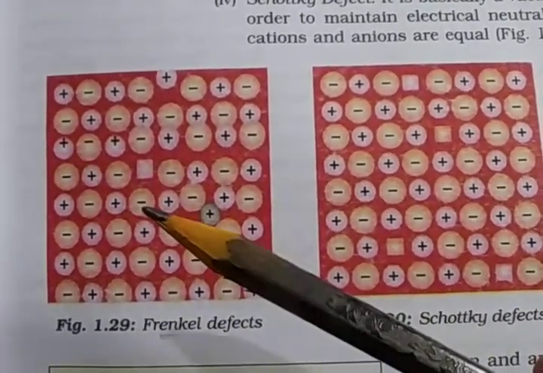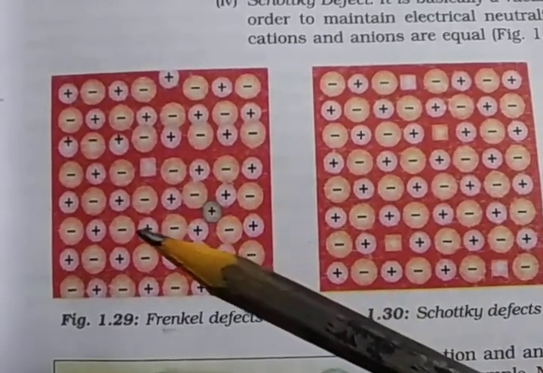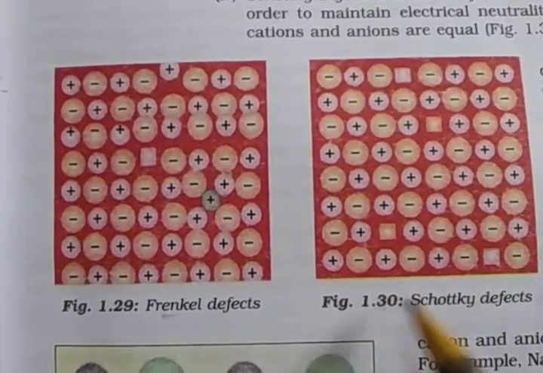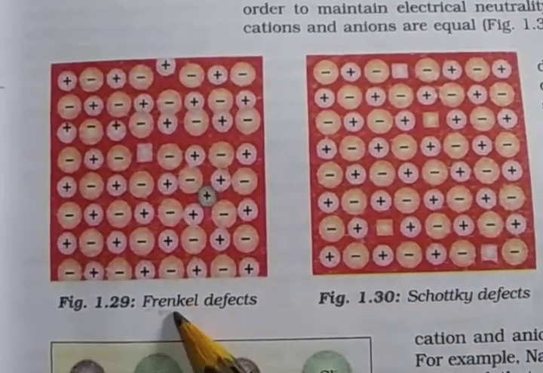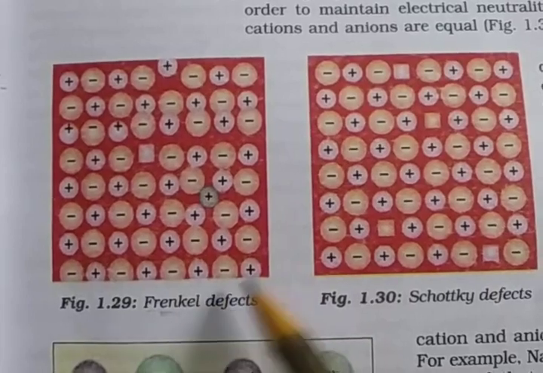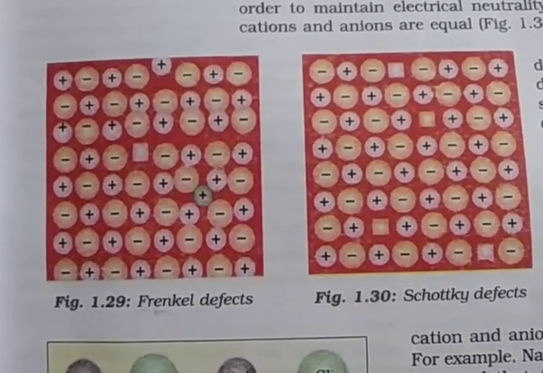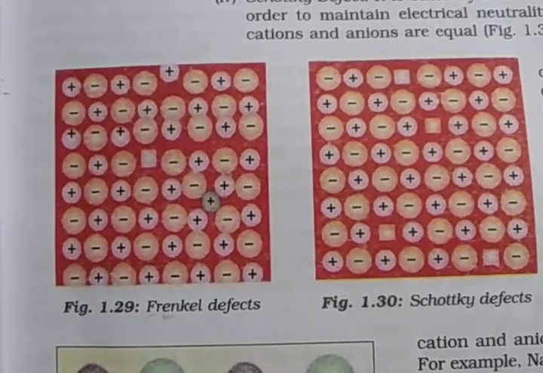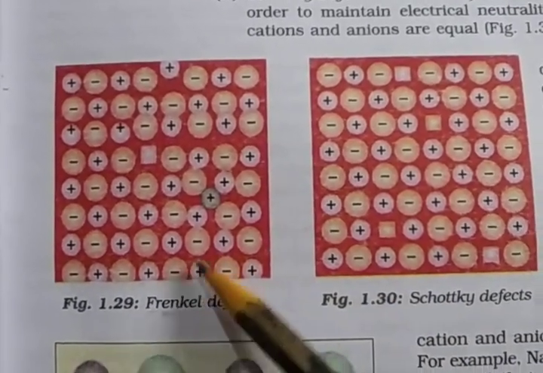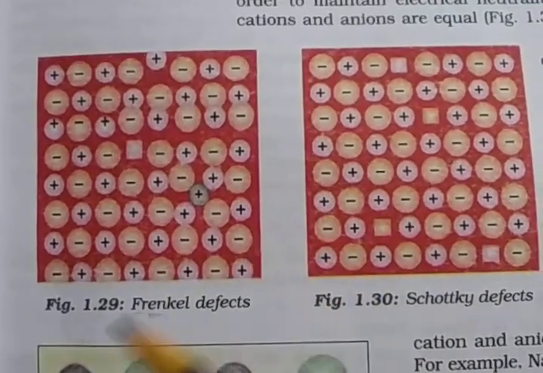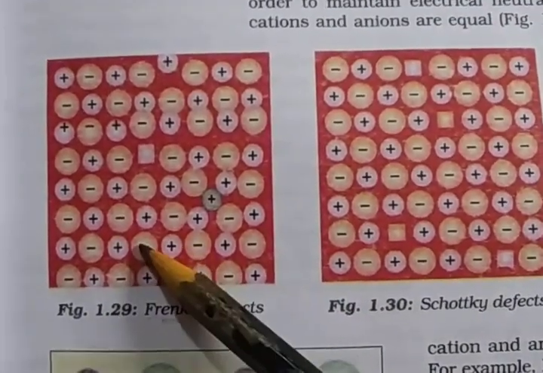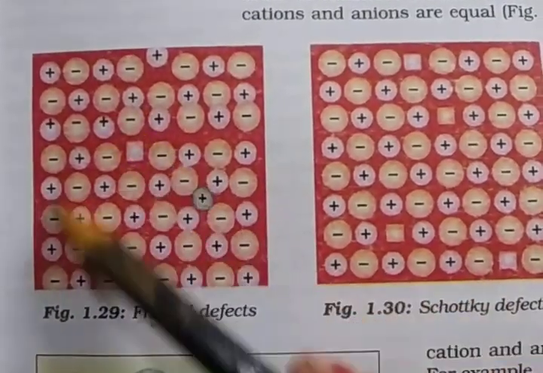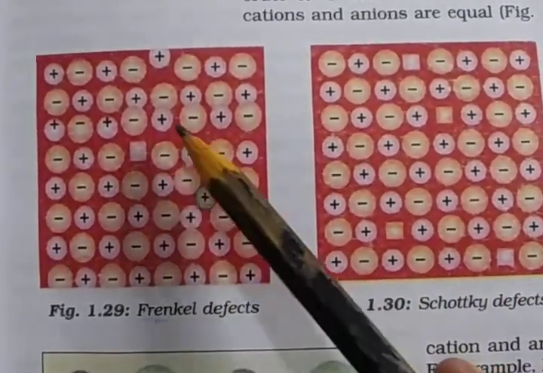Vacancy and interstitial defects are shown by non-ionic solids, but Frenkel and Schottky defects are explained by ionic solids. Okay, so here you see Frenkel defect. This defect is shown by ionic solids.